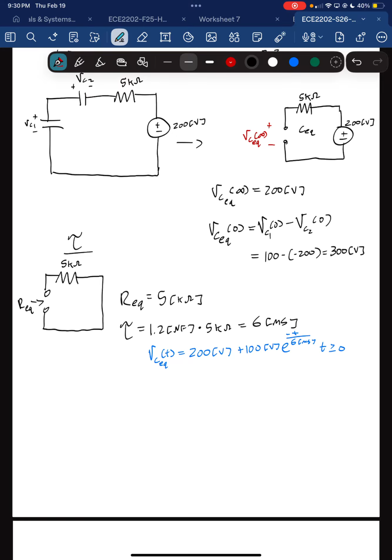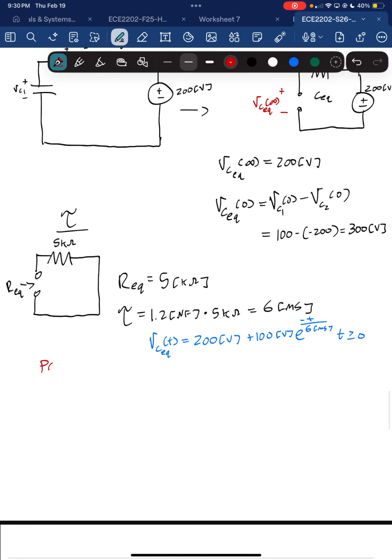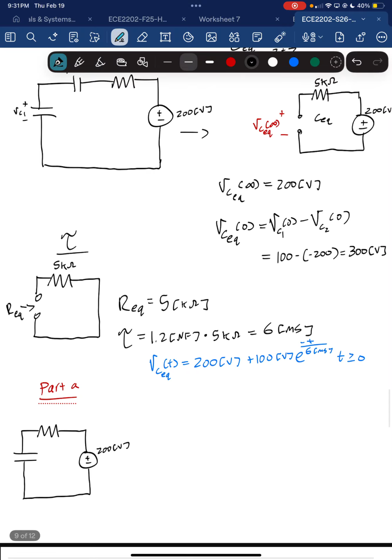So now we need to start approaching part A, right? I'm going to redraw our circuit for t greater than 0 with the capacitors combined. So that's going to be 200 volts, that's going to be 5 kilo ohms, and this is VC equivalent of t.